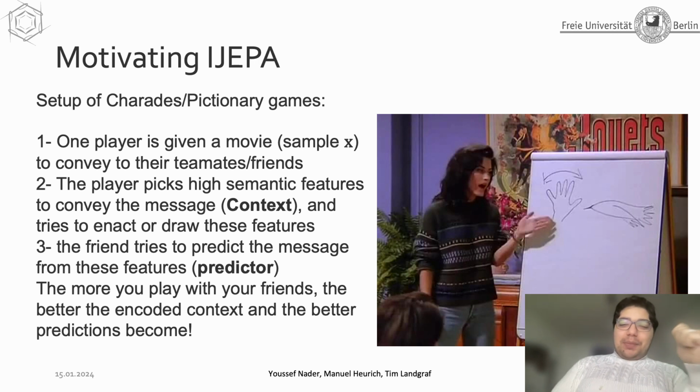So you typically get better at the game by playing with friends you know well, and you know what features to pick that will make them know in a second what movie this is. And this is similar to this scene from Friends with Bye Bye Birdie, if you've seen it.